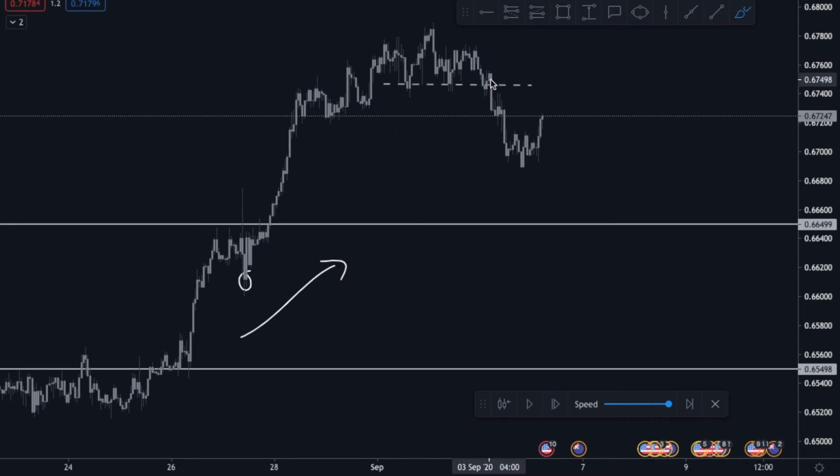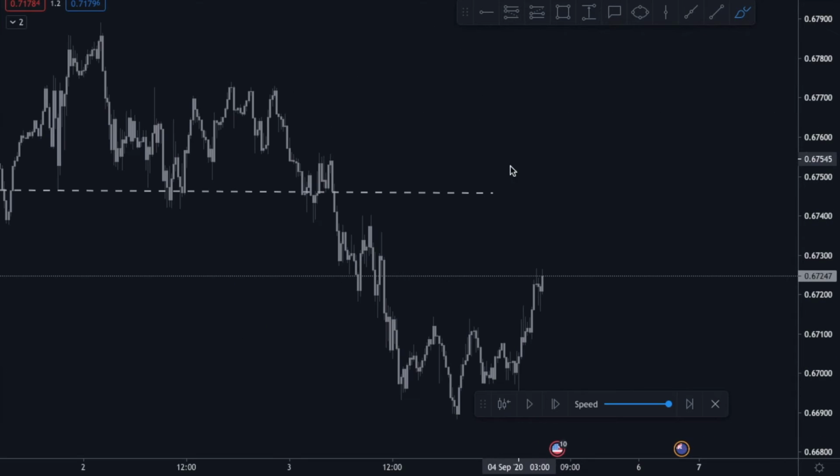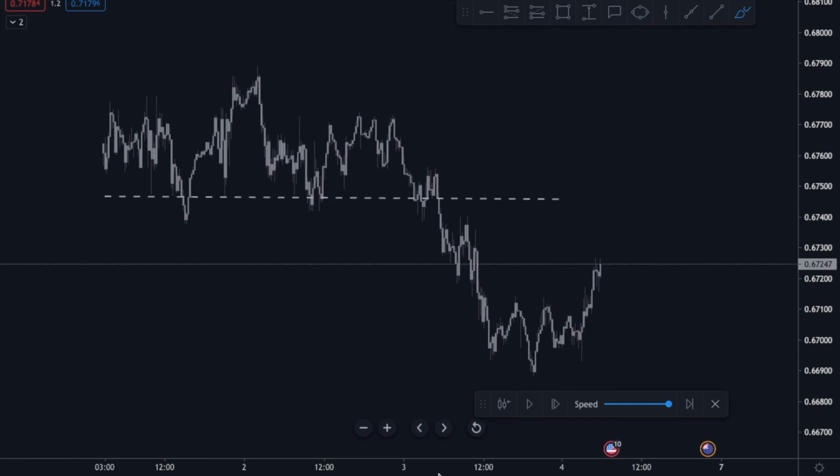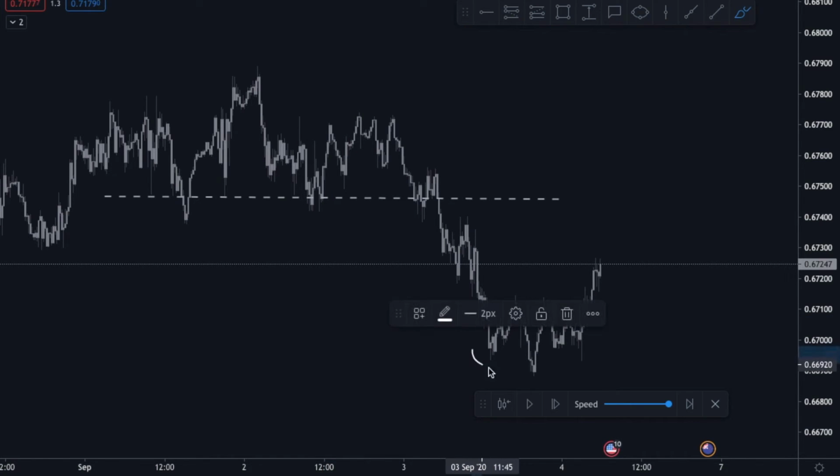As you can see, price is coming down very strongly and forms what would be, on the lower time frames, I can just go down to the lower time frame, a bunch of relative equal lows, right? These are all relative equal lows because they're relatively equal.